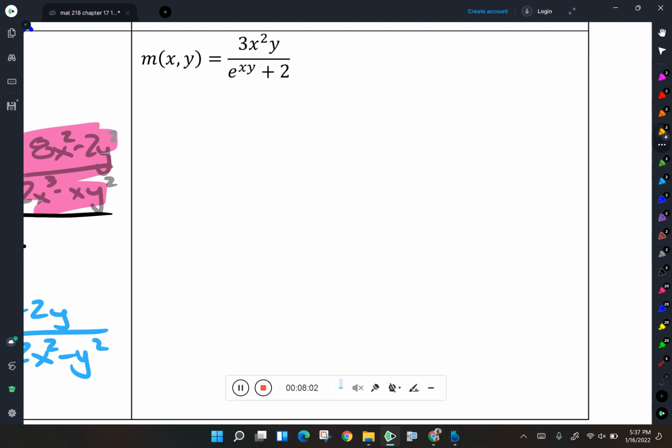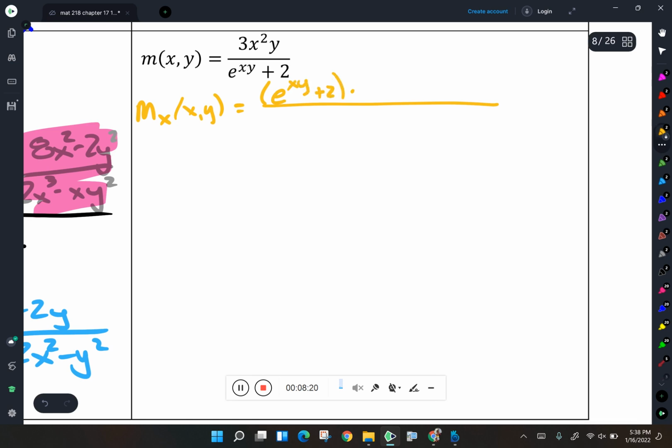Let's go ahead and start taking the derivatives. We'll start by taking the first partial with respect to x. Okay, it is the denominator, e to the xy plus 2, times the partial derivative of the numerator with respect to x, minus the numerator times the partial derivative of the denominator with respect to x.